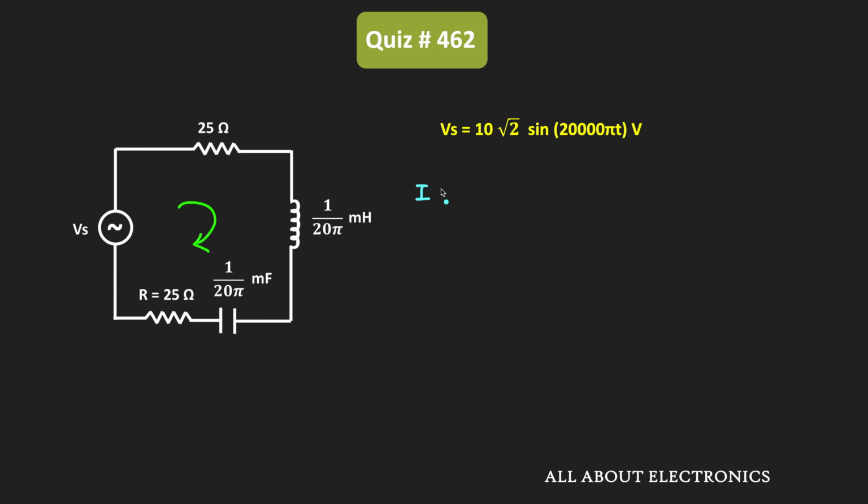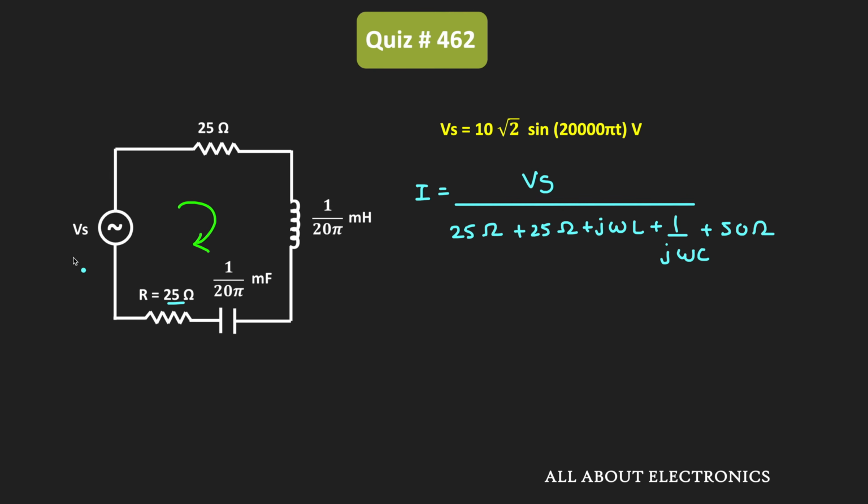So this current I can be given as this Vs divided by this 25 ohm, that is this resistor, plus 25 ohm, that is this resistor, plus j omega L, that is the impedance of this inductor, plus 1 divided by j omega C, that is the capacitive reactance of this capacitor, plus 50 ohm, that is the internal resistance of this voltage source.